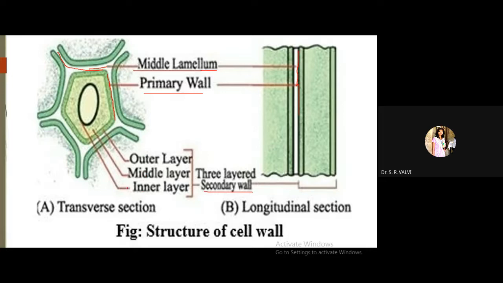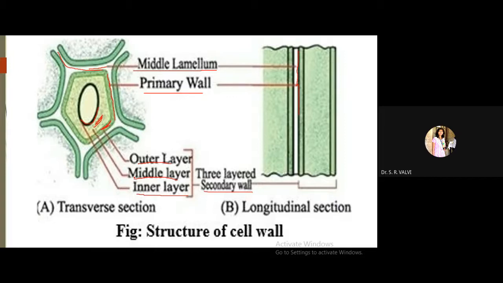See, the outermost layer is this. Sorry, this is the outer layer of the secondary wall. Then this one is the middle layer, and this black portion is the inner layer. So likewise, the secondary wall is made up of three layers: outer layer, middle layer, and inner layer.